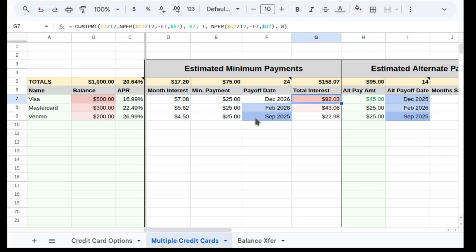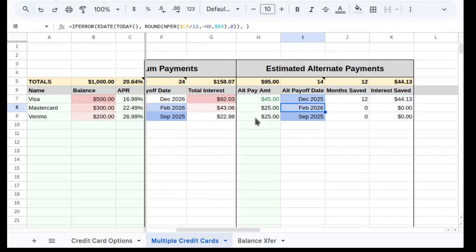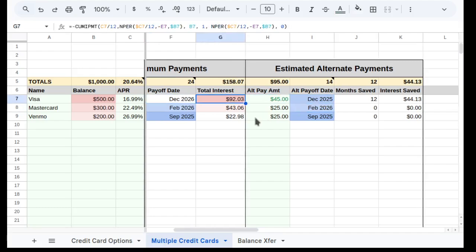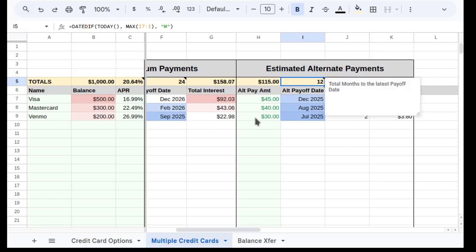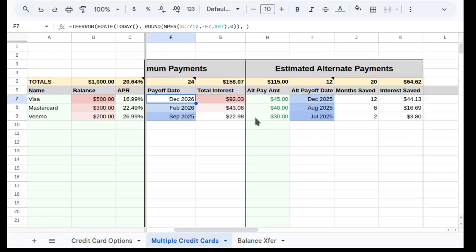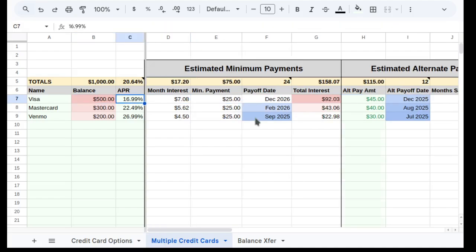So you can adjust these if you want, and you can see that the payoff times will be sooner rather than later. So this saved you about a year by going to $45. We did $40 to this one and $30 to this one. You can see you can save up to $64 on paying these off. Now, you probably don't want to put the $45 on the low APR one if you only had one.